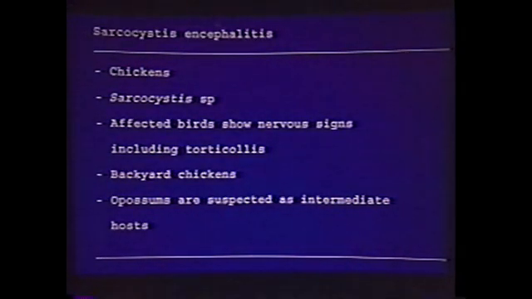So Sarcocystis encephalitis in chickens, nervous manifestation, was a backyard chicken. Possums were suspected as the final host. Okay, there is a mistake, it's not intermediate. Possums are the final host, sorry. The chicken is the intermediate host.